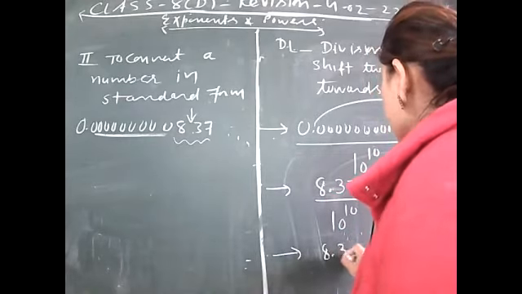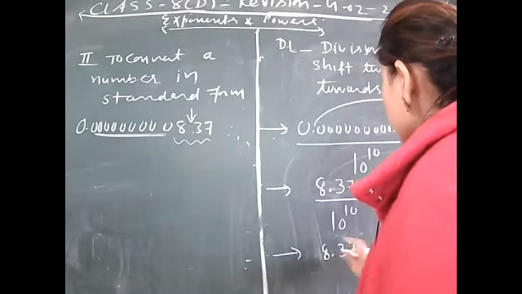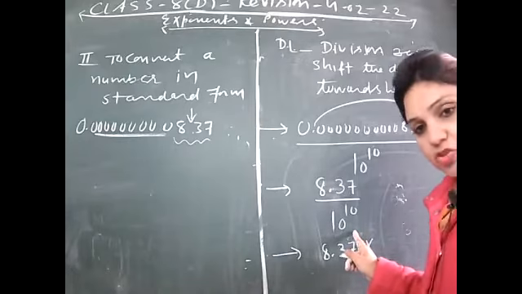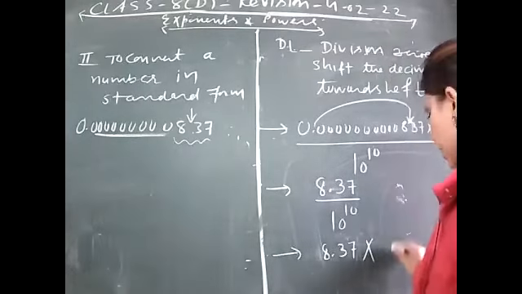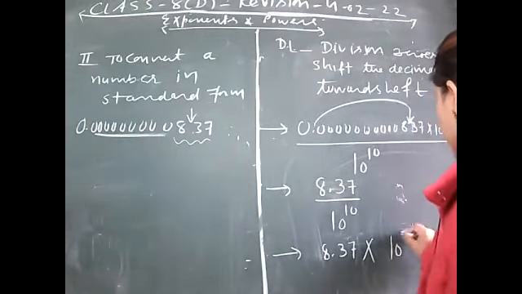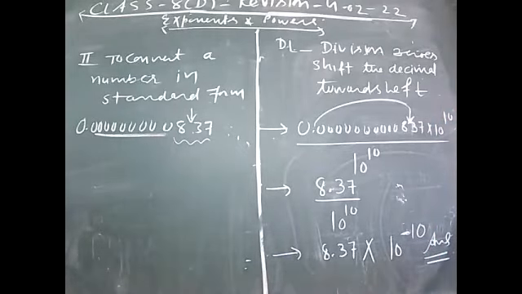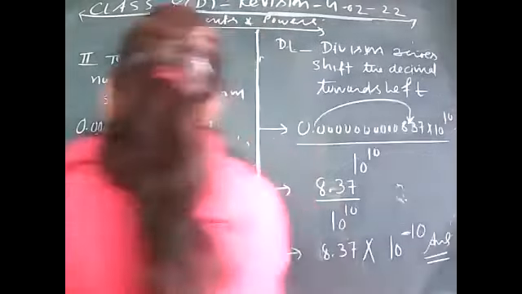Now 10 raised to power 10 is in the denominator, ठीक है, with a positive power. It will come in the numerator and become 10 raised to power -10, and this is the standard form of the given number. Right? Let us discuss one more question of the same type.